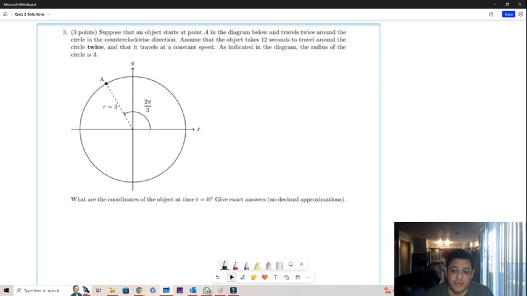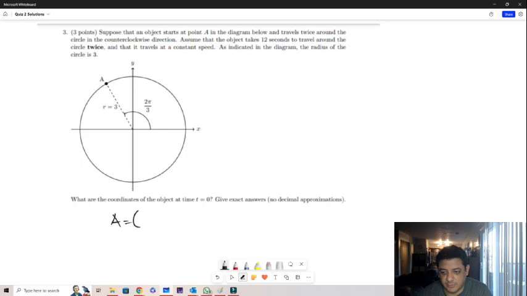So initially, we want to know what are the coordinates of the object at t equals 0. Notice that t equals 0 is the starting point, which is A. So to give the coordinates of this, A is going to be given by 3 cosine of 2 pi over 3, 3 sine of 2 pi over 3, since this is what we get in terms of Cartesian coordinates.